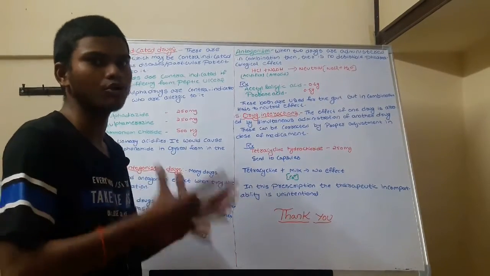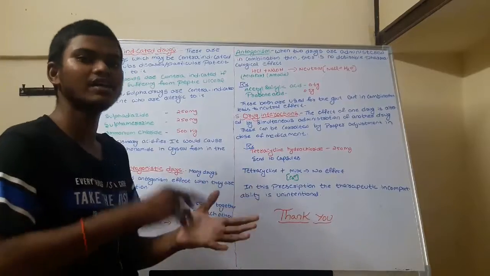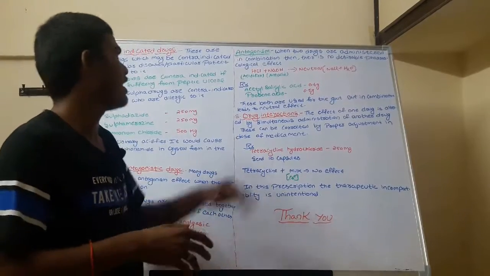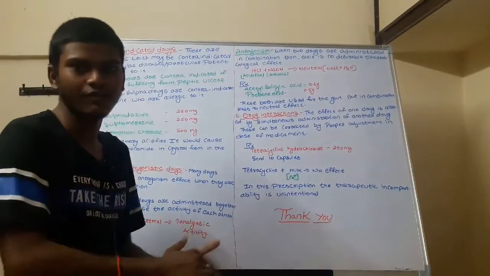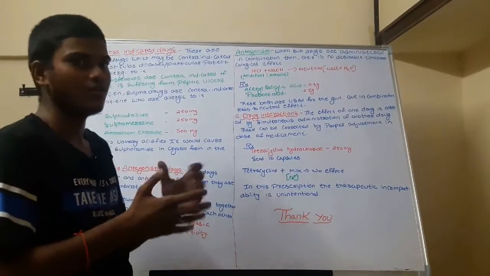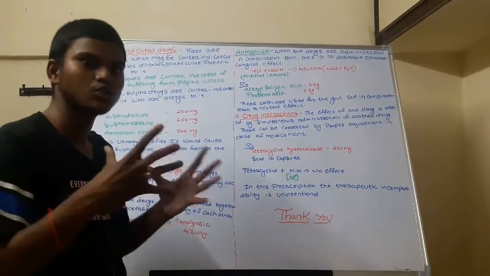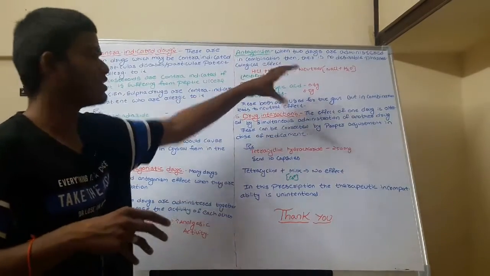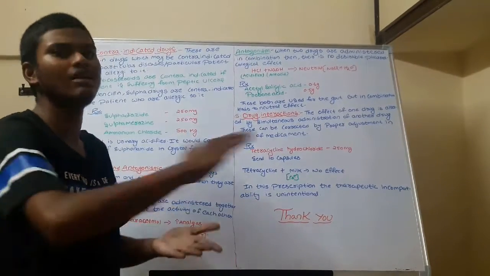The desired pharmacological effect is not produced due to the antagonistic nature of the drugs. Example, HCl, an acidifier, and sodium hydroxide, an antacid. When we administer these two drugs at a time, a neutral effect is produced. That means no effect is produced.